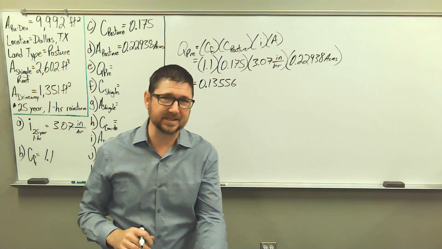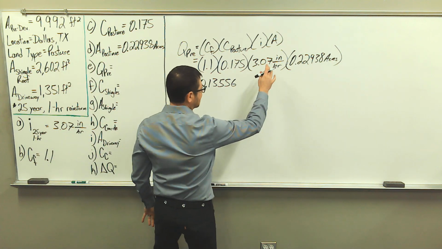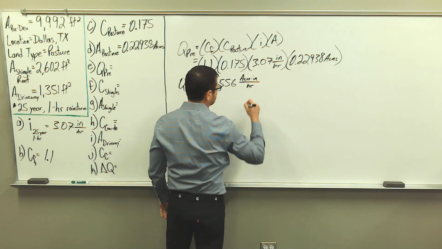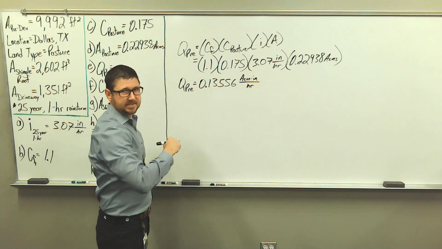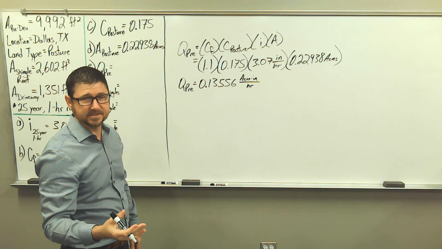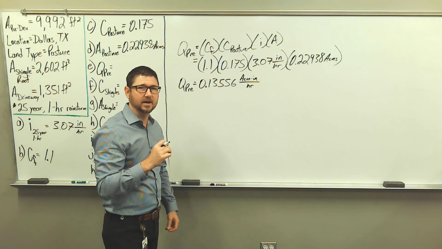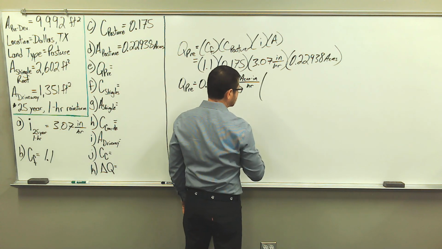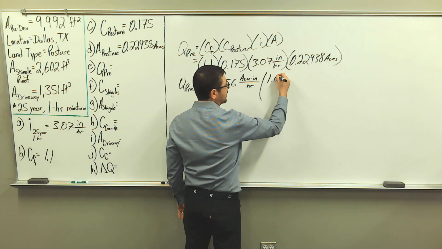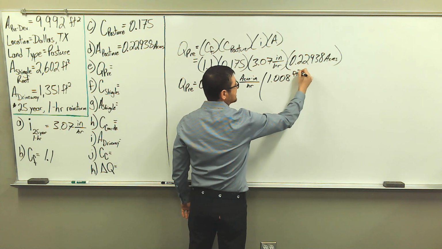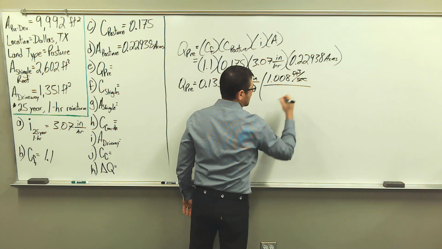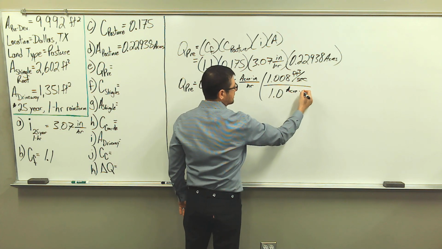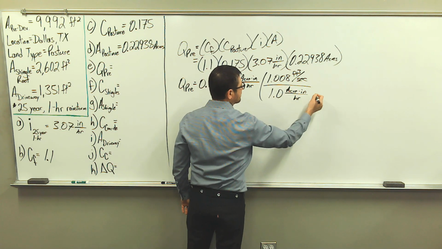But we have a problem here. We're not done because our units are in acre-inches per hour. Okay? So we can't use this here. We have to use dimensional analysis to convert this into units of cubic feet per second. So we are going to multiply by 1.008 cubic feet per second, and divide this by 1.0 acre-inch per hour.